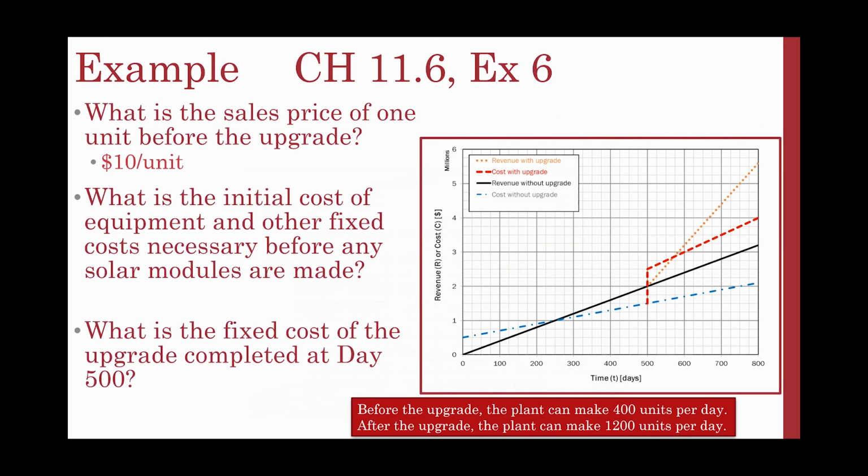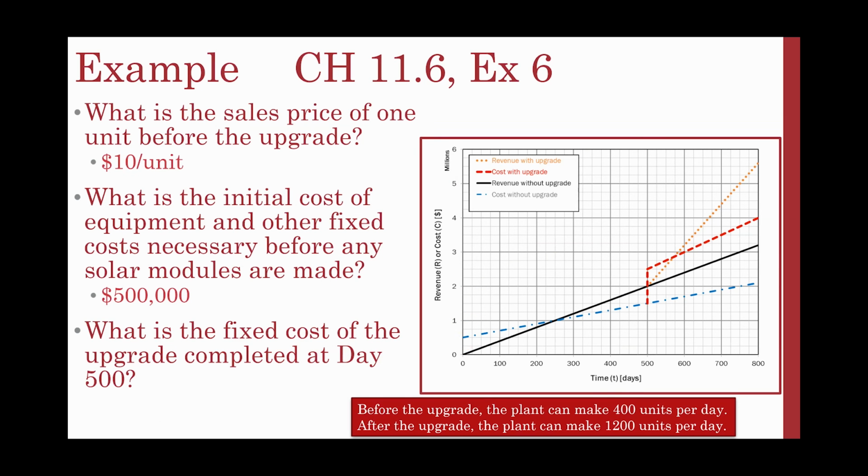The initial cost of the equipment before any solar module is made is the $500,000, which is the y-intercept of the blue line.